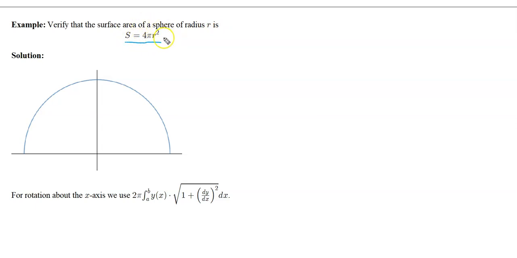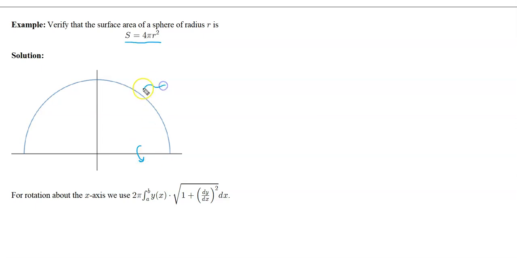If you recall, the volume of a sphere of radius r is 4/3 pi r cubed. Well, we want to verify that the surface area is 4 pi r squared. To do that, we're going to take a curve representing a circle of radius r and rotate it around the x-axis, like this.